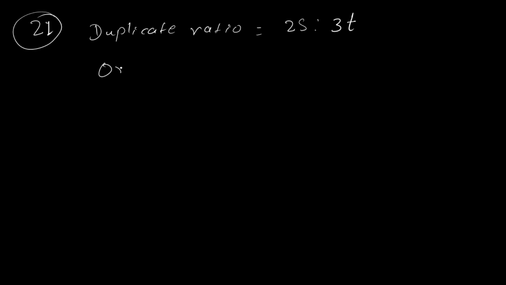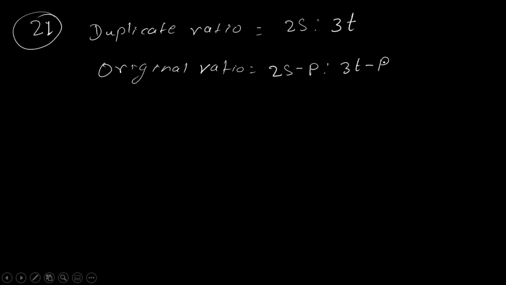Duplicate of what? So original ratio given is 2s minus p is to 3t minus p. So this is more or less like the previous one only. Previous one, what we did, we calculated subduplicate. Here duplicate ratio you have given with this one.